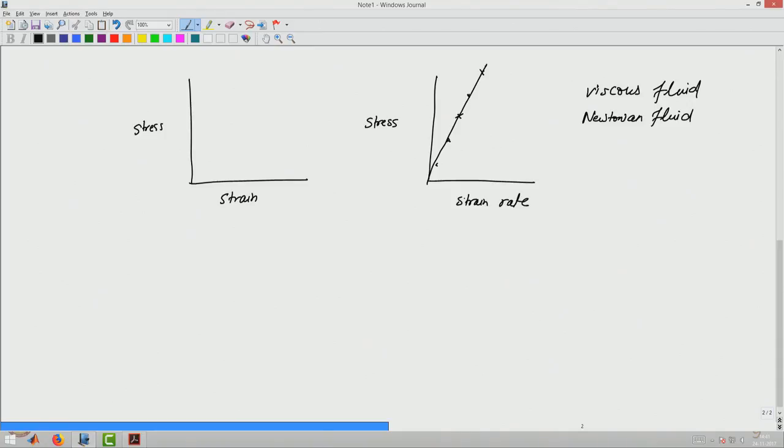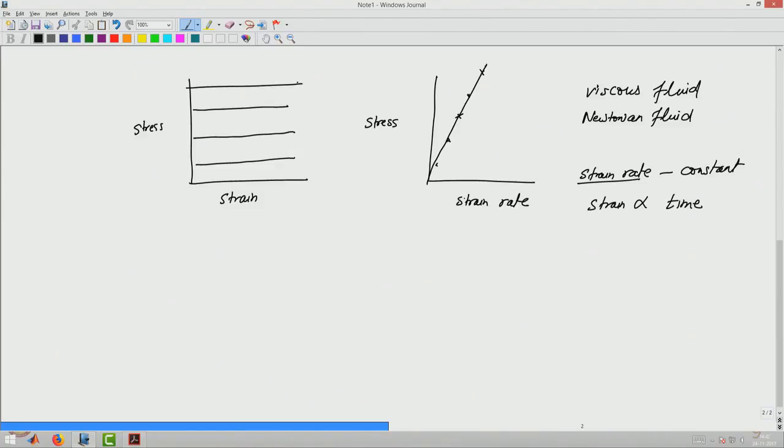And so, if we now do the experiment at different strain rates, if the stress is constant and strain rate is constant, this would imply that strain will be proportional to time, because strain rate is the derivative of strain with respect to time. So, strain will continue to increase, but at any other stress we will have a different rate. So, each of these are different strain rates.